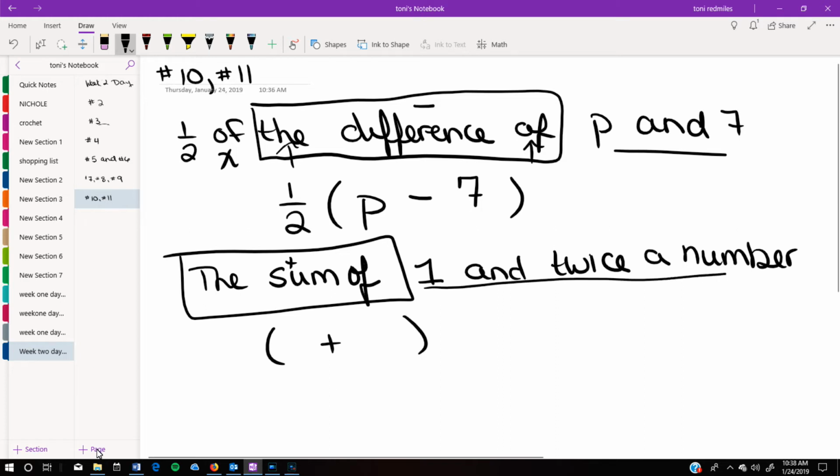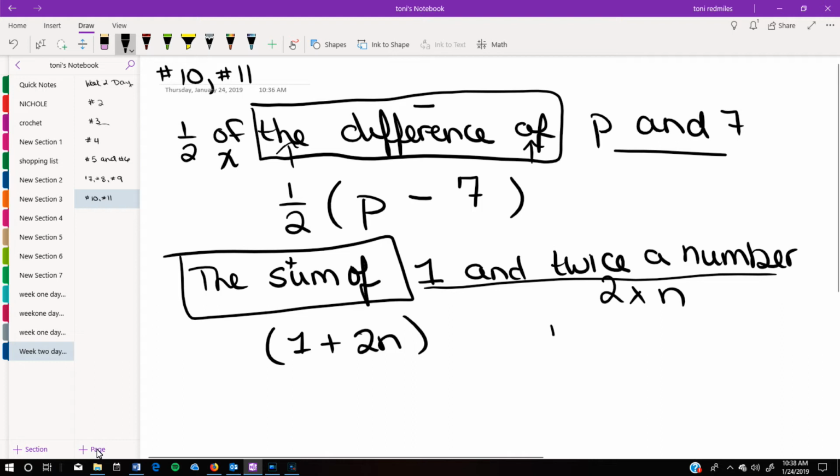And it tells me it's going to be 1 and twice, which means 2 times a number. So I can write that as 2n, right? Okay, so write an expression for the sum of 1 and twice a number. If you let n be any number, will the result always be odd?